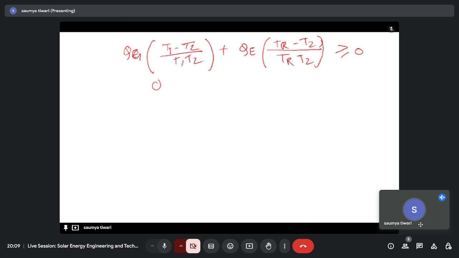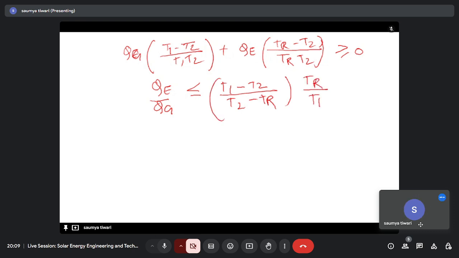So Qe by Qg, the point of interest here, will be (T1 minus T2) upon (T2 minus TR) into TR upon T1.